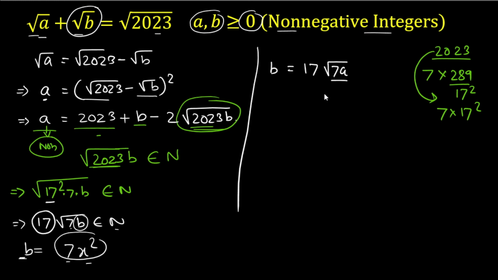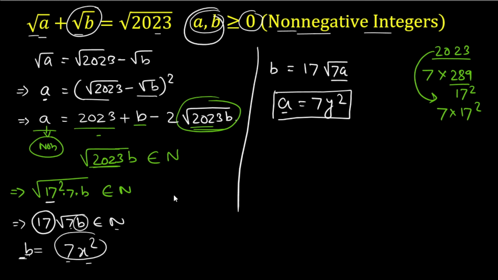Likewise here, 7 times a, we'll take a is equal to 7y squared. So friends, hope till here everything is clear. We have assumed the values of a and b for making a and b non-negative integers. So in both the cases we have x and y, and these values should be non-negative integers.